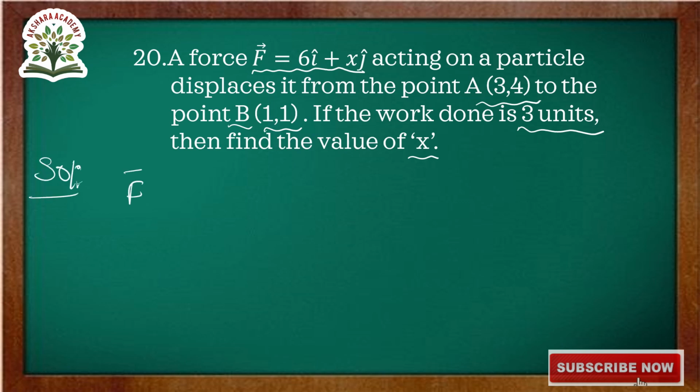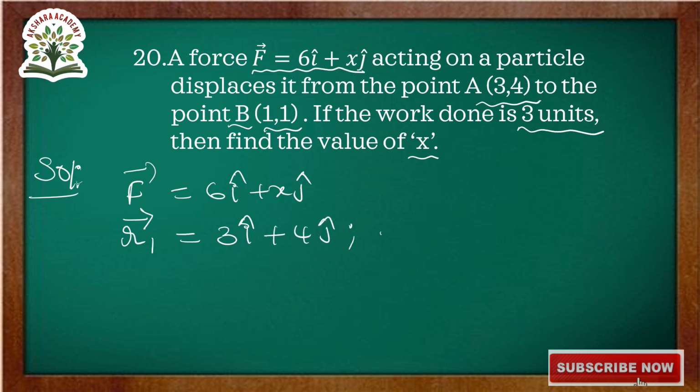Given F bar is equals to 6 I cap plus x j cap, and now we are writing the position vectors from these 2 points. R1 bar is equals to, from the point A we can write as 3 I cap plus 4 j cap, and R2 from the point B we can write as I cap plus J cap.